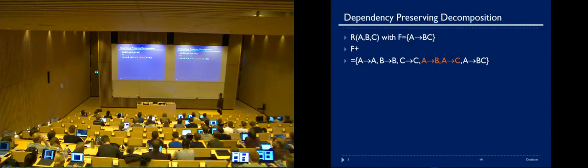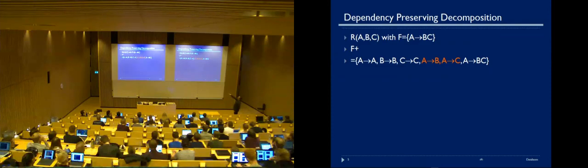Since we are doing the closure, we can also write the one we were given. And since we're doing the closure, we're supposed to write those that are totally trivial. Everybody determines itself. But if we are observant people, we can just keep that in mind even without writing it. The generally important part that should not be missed is that we put everything with one attribute on the right.